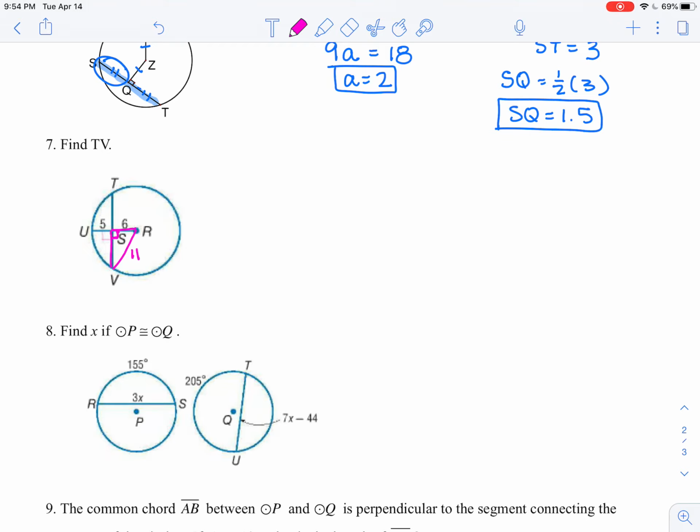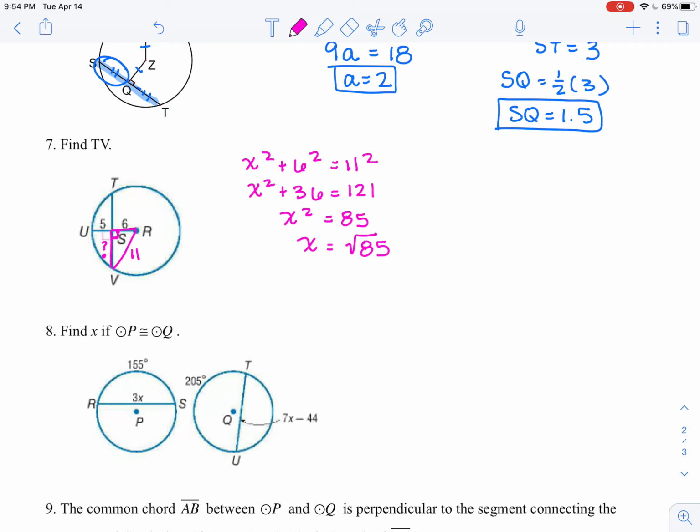And if I form this right triangle, I can solve for the length of SV. So let's say x squared plus 6 squared equals 11 squared. Then x squared plus 36 equals 121, where x squared is 85, and x is the square root of 85.